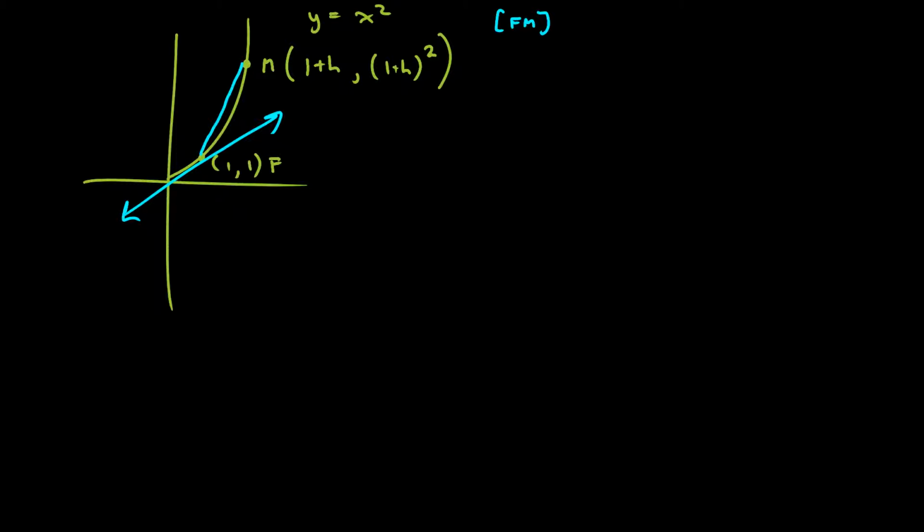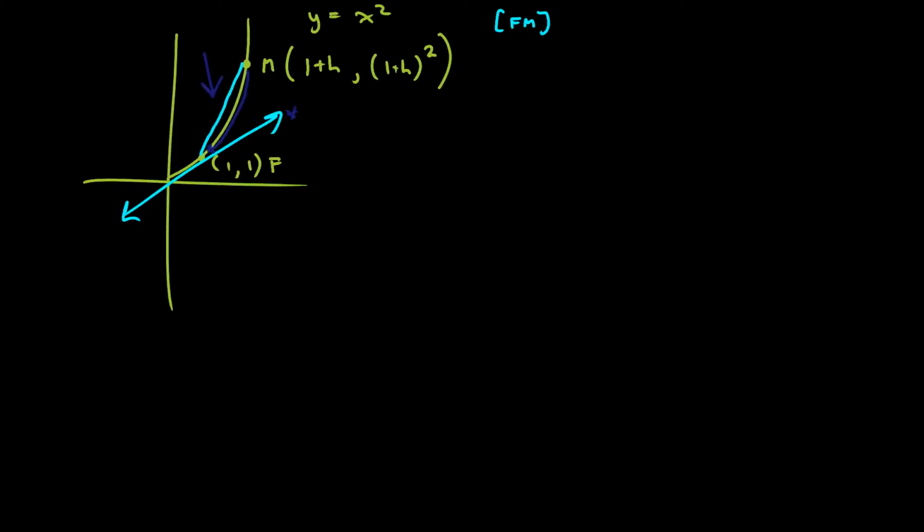However, as I take point M and move it along the parent function closer and closer, but not equal to point F, the slope of FM is going to get closer and closer to the slope of the tangent at point (1, 1).